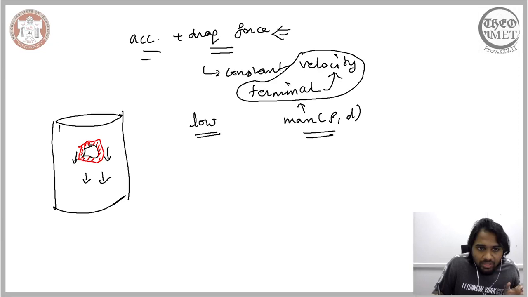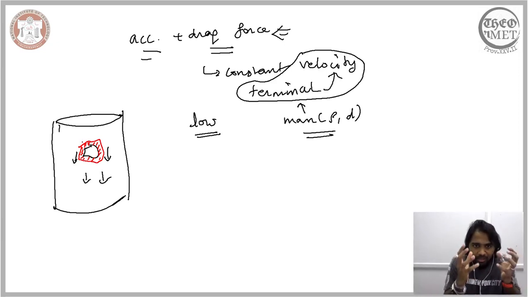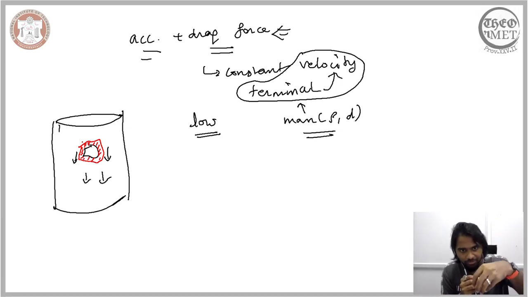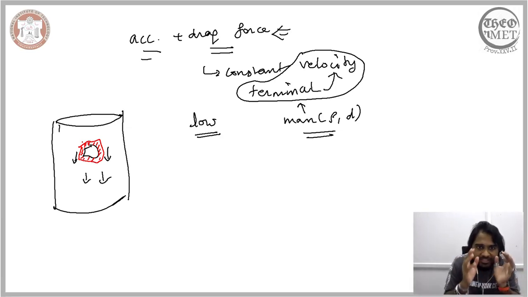This blanket formed around the particle continues as the particle progresses down the barrel. The blanket that is formed in the initial stages, once you drop this particle into the medium, continues till the particle reaches the end of the barrel.